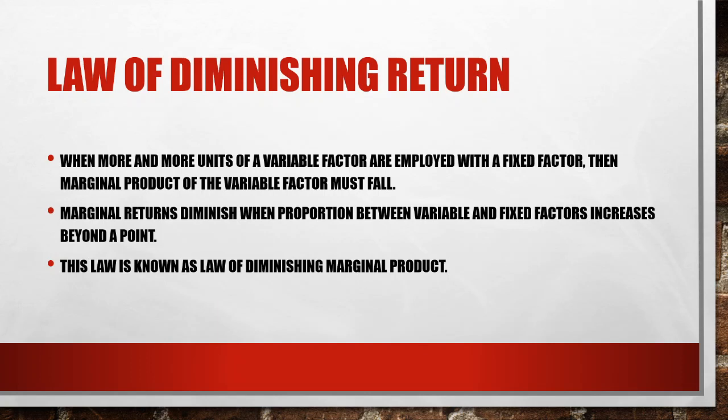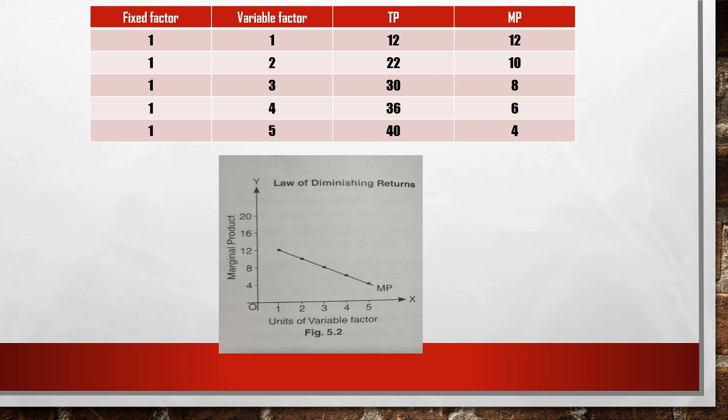This is the table with the help of which we will study the law of diminishing return. This is again a short run law, because it is a part of the law of variable proportion. One factor is kept fixed, that is the fixed factor. Variable factor: 1, 2, 3, 4, 5.